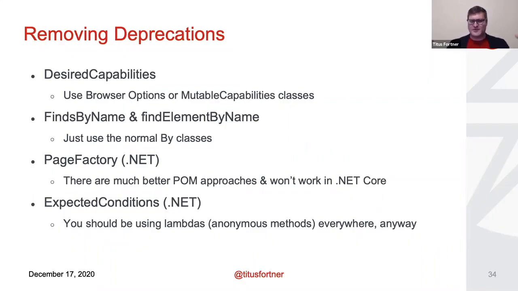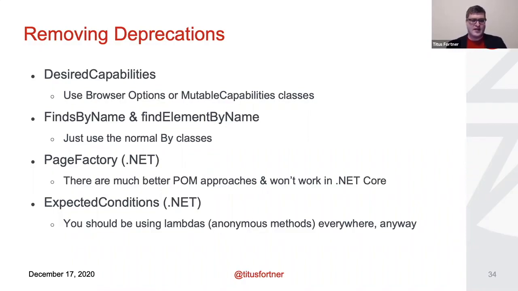If we had come together in some kind of standardized body to discuss what's good and what's bad, it never would have happened that way. But because it was kind of ad hoc development over the years, we ended up with desired and required capabilities. And now we just want to get rid of it. Use browser options classes, Chrome options, Firefox options, etc., or mutable capabilities that allows you to do anything you want in a capabilities class.